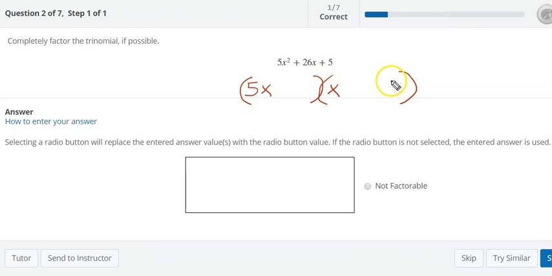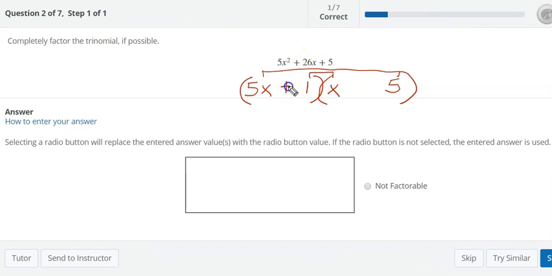So we could put the 5 here and the 1 there, or the 5 there and the 1 there. I like this arrangement because as I do my outers, I'm going to get a 25. As I do my inners, I'm going to get a 1, and that adds up to a 26.